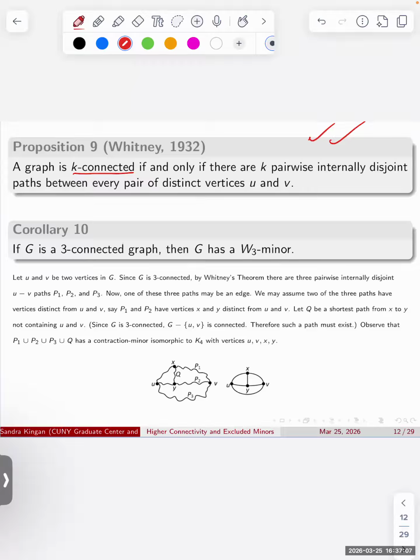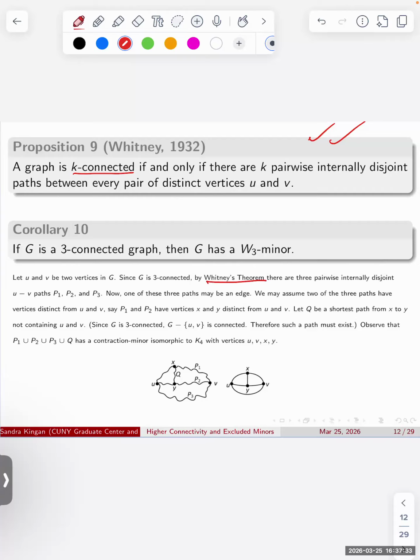And then, and only then, I think we can conclude that if G is a three-connected graph, then G has a W3 minor. So the starting point for the analysis of three-connected graphs is W3 or K4. And then the argument is just really straightforward from Whitney's theorem.